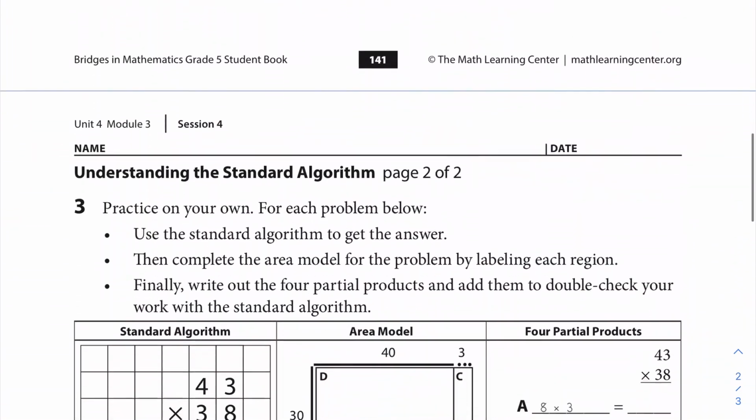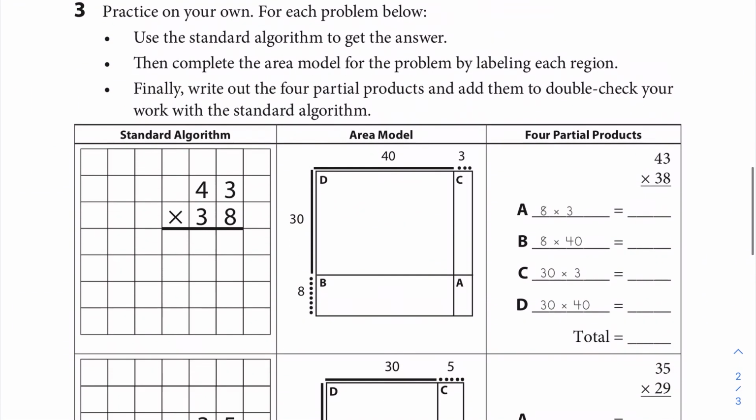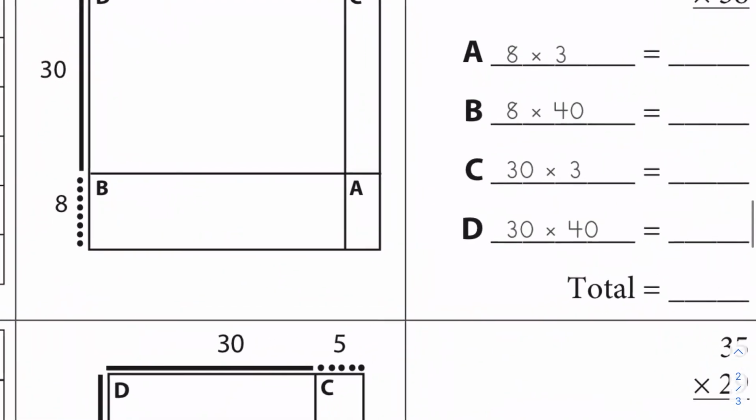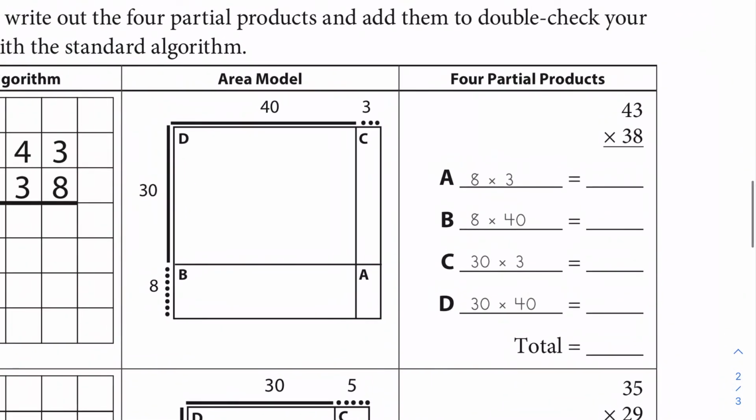Okay, so down below, you're going to do some on your own. On the first one, they've done part of the work for you. So A is an 8 by 3, right here. So you have to put in, what is 8 by 3? What is 8 times 3? And you'll do each of the partial products and then the total.